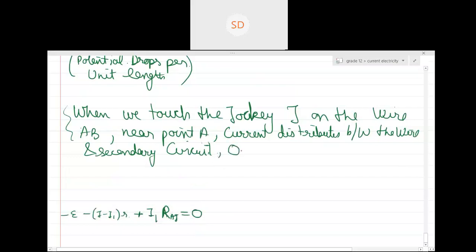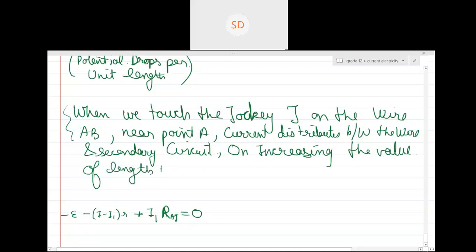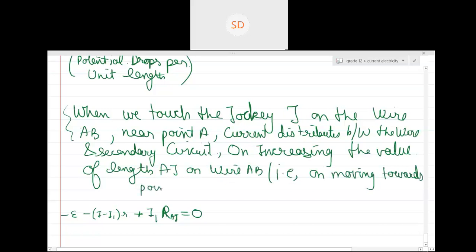On increasing the length of AJ, what is AJ? Length AJ on wire AB, that is on moving towards point B. So from A you are moving towards point B, see what will happen.